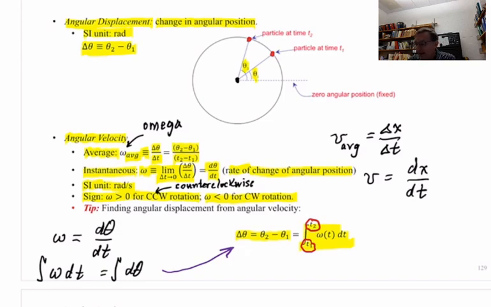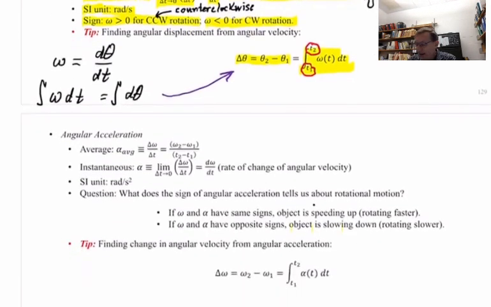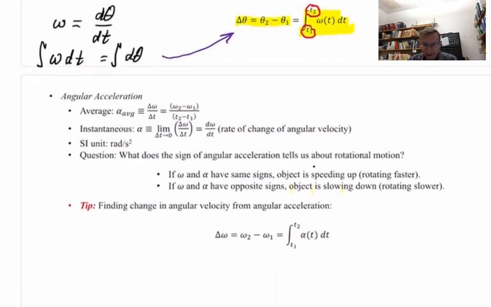All right, now we've had angular position, angular displacement, change in angular position, and then a way to measure the rate at which an object is rotating, angular velocity, both average and instantaneous. Then we had one more concept in kinematics in Chapter 2. How about some way to measure the rate at which the velocity is changing? Chapter 2.